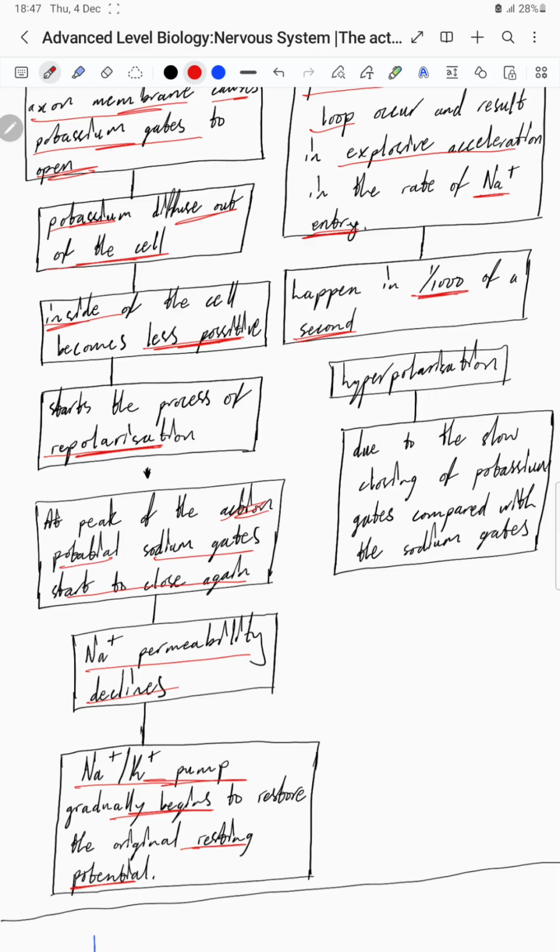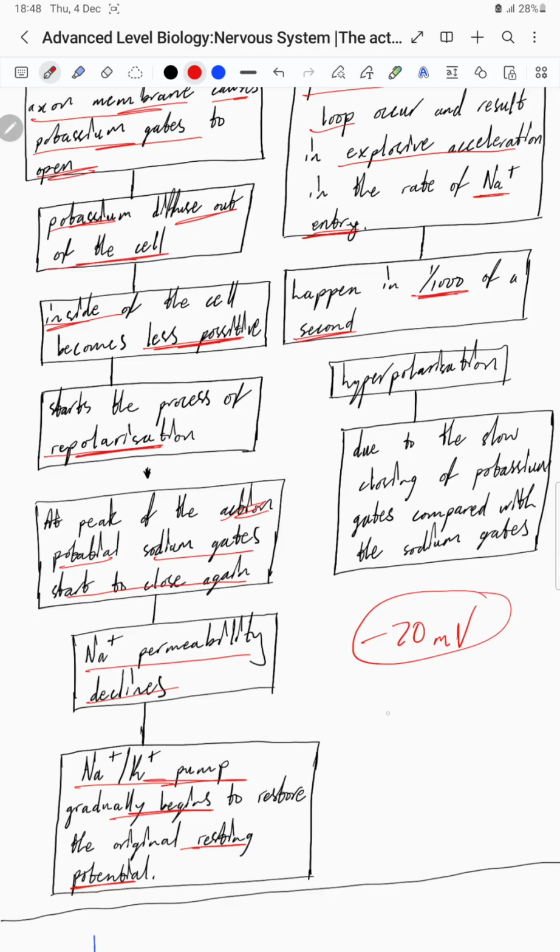During this restoration of the resting potential, the potential usually drops more than the -70 millivolts we know.